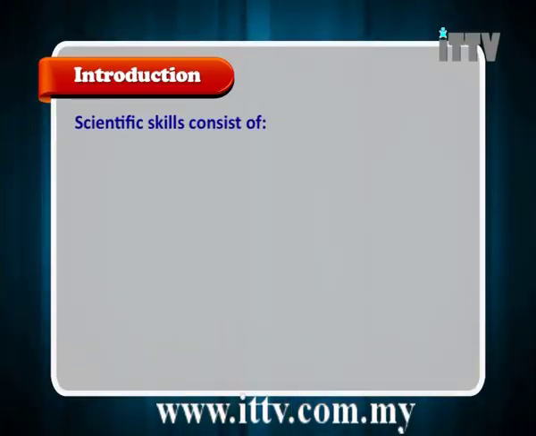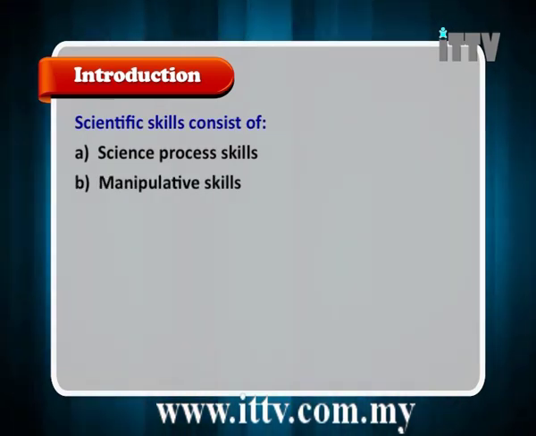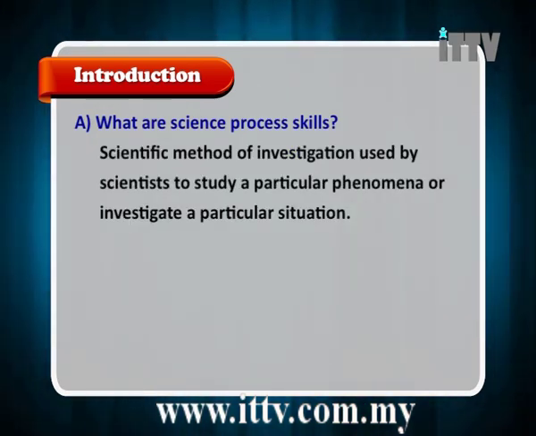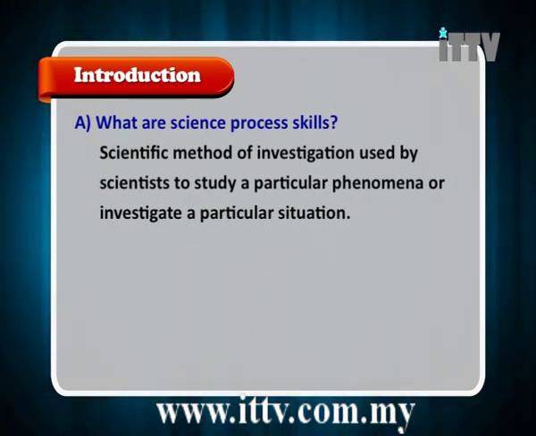Scientific skill consists of science process skills and manipulative skills. What are science process skills? Scientific method of investigation is used by scientists to study a particular phenomenon or investigate a particular situation.